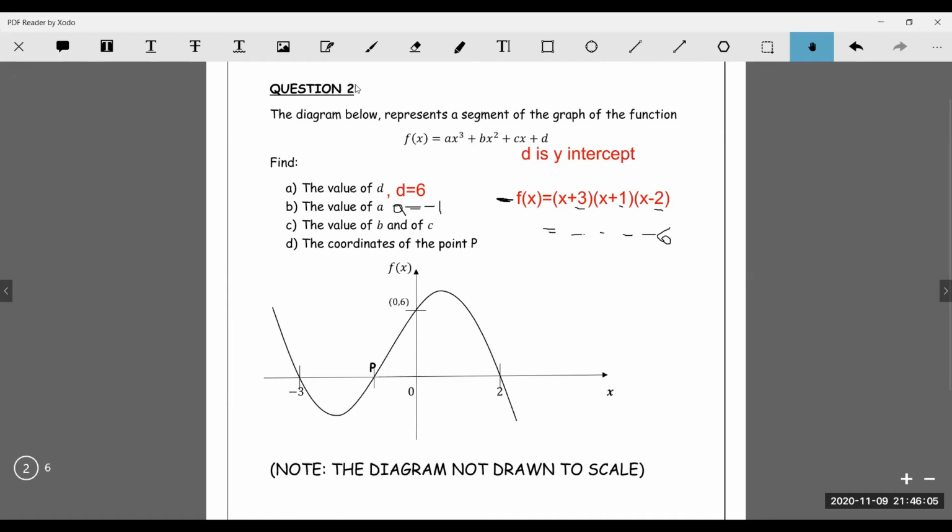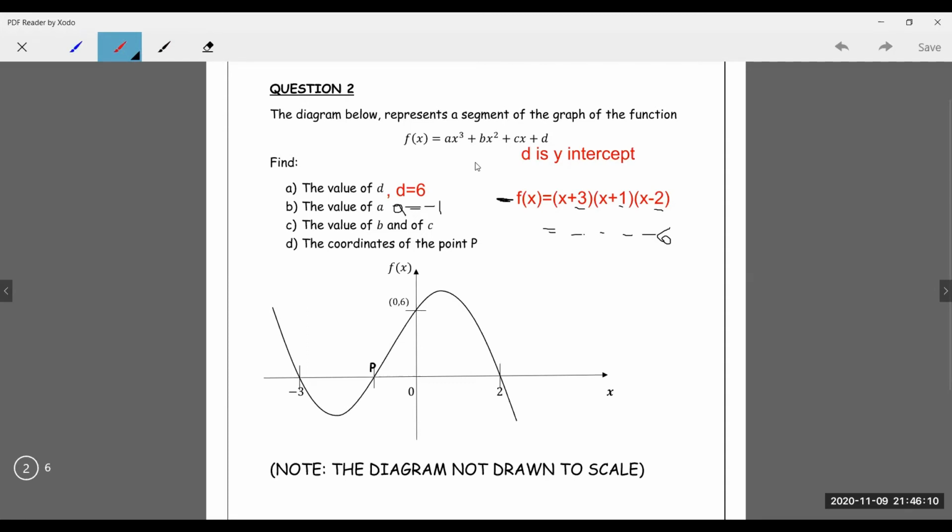Now look at this. The sum of the roots is -B over A. That's how we find the sum of the roots. So what we're saying is that -3 plus -1 plus 2, that's the sum of the roots, and that's going to be equal to -B over A. But A is -1, so it's -B over -1.